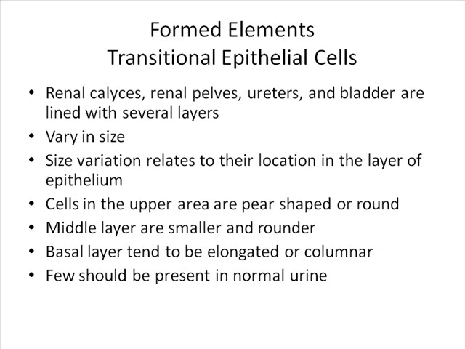All right, your transitional epithelial cells are cells that are higher up in the renal system, usually the renal calyces, renal pelvises, ureter. The bladder does have some, so it's actually the lining in the bladder where it's not in the actual ureter.